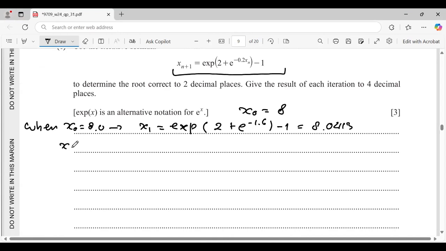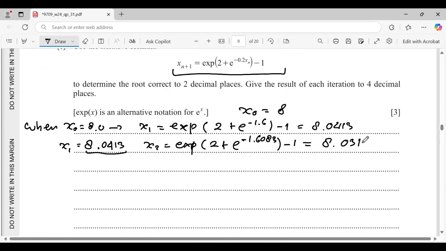Next, x1 is 8.0413, so x2 equals exp of 2 plus e power minus 0.2 times this number, which is minus 1.6083, minus 1, and the result is 8.0311.